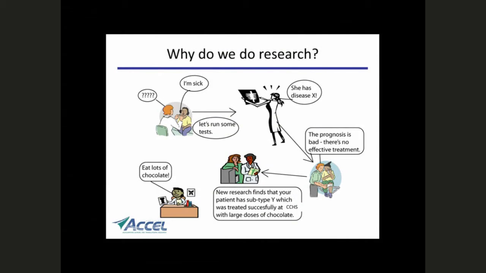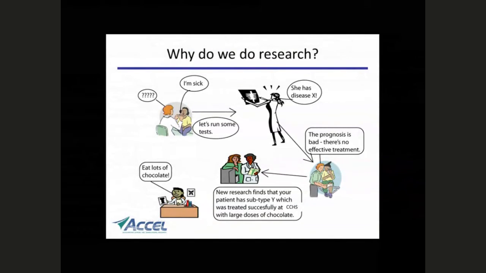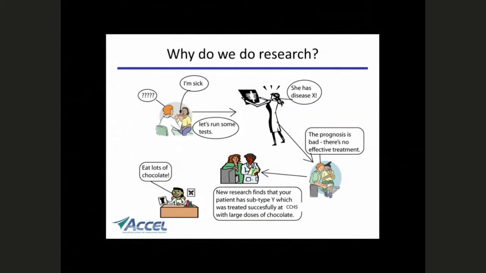We have a way of classifying disease, but maybe we have no effective treatment, so you have a poor prognosis. And so then you realize, there's research that says, I can do a study that says that in this type of person with this type of disease, I can treat them successfully with large doses of chocolate. And so then we have a way of treating that says, let's eat lots of chocolate.